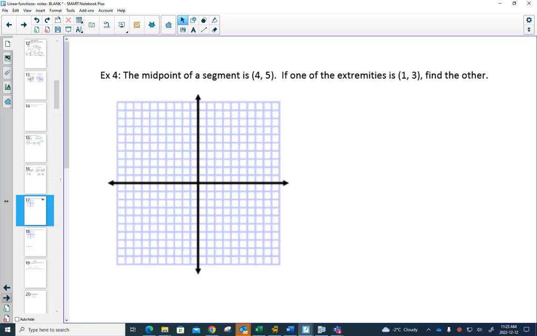Two more examples. What would you do if you were in between? You knew that one point was 1, 3. I'll label that one in green. You knew that the midpoint was 4, 5. Can you see that the other endpoint has to be about there?